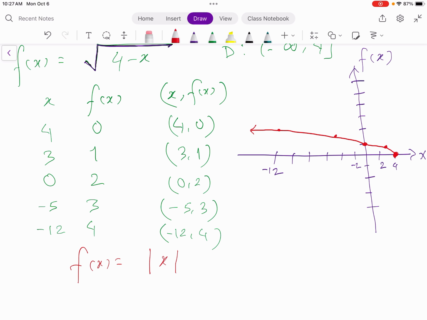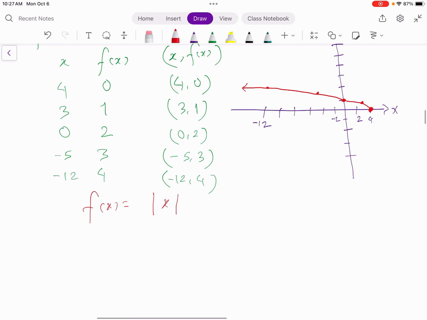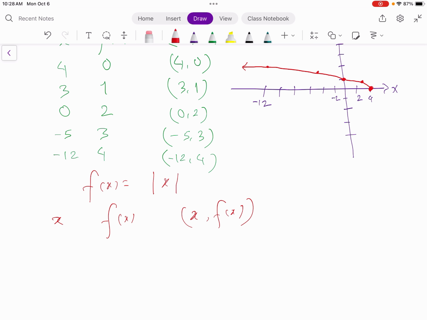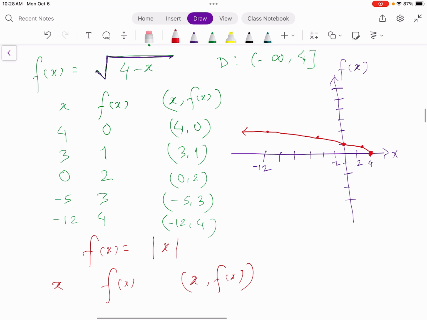Okay, now to graph, we have our input x, our output is f of x. Input and output together give a point. Some graphs are parabolas, others are just a straight line.